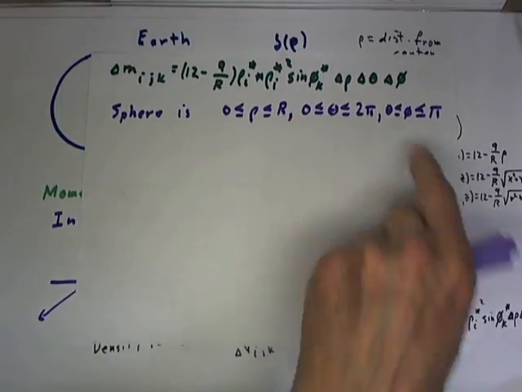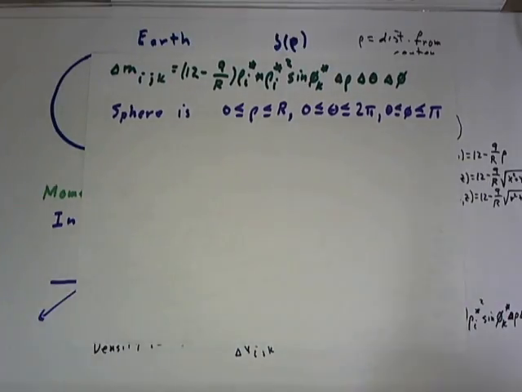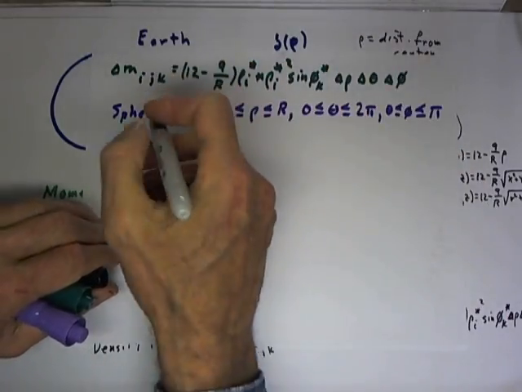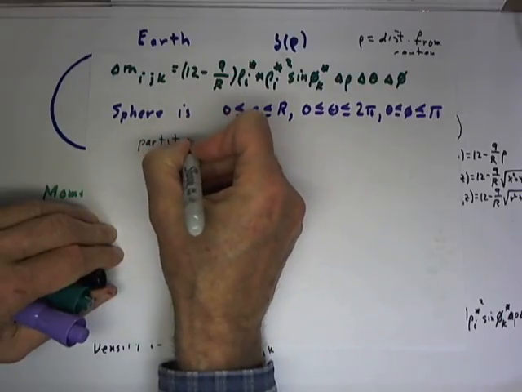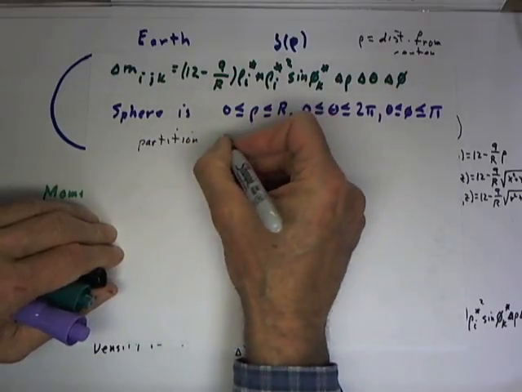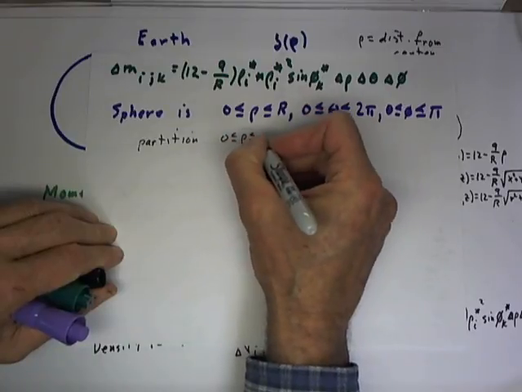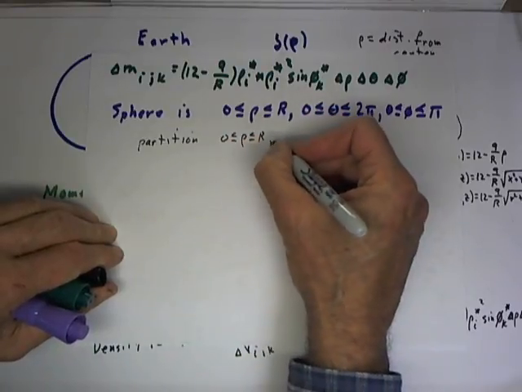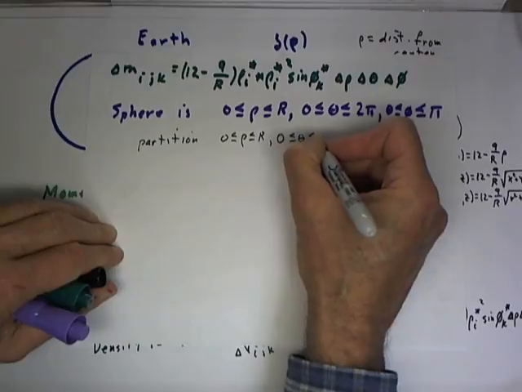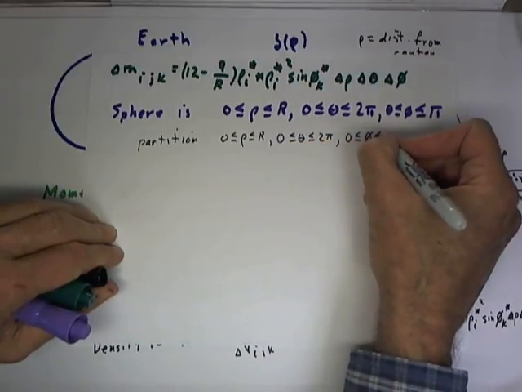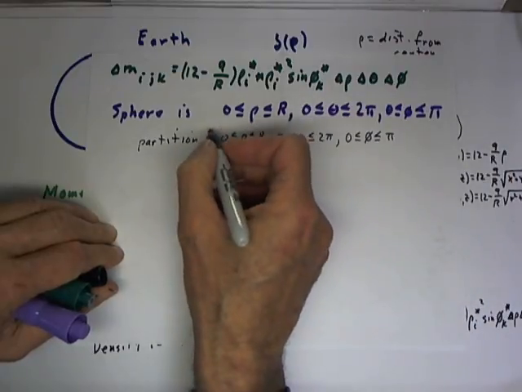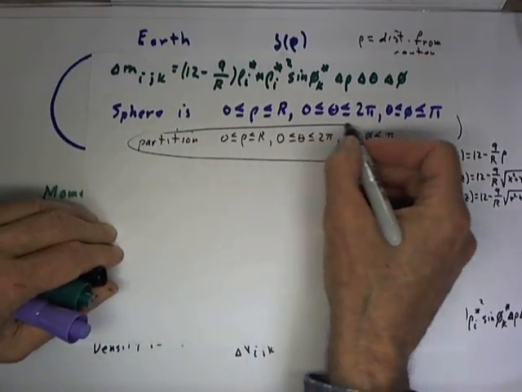The sphere is described by the inequalities we've seen, so that when we sum up our delta M ijk, we partition these intervals: 0 less than or equal to rho less than or equal to r, 0 less than or equal to theta less than or equal to 2 pi, 0 less than or equal to phi less than or equal to pi. We partition these intervals.